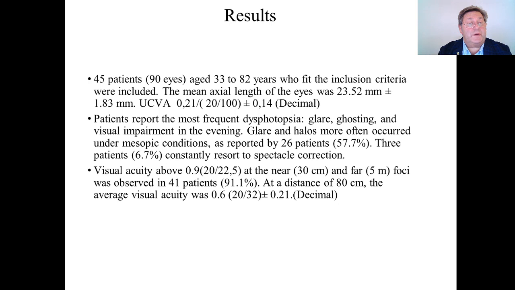Patients report the most frequent dysphotopsia, glare, halos, and visual impairment in the evening. Glare and halo more often occurred under mesopic conditions, as reported by 26 patients, 57%. 3 patients, maybe near 7%, consistently resort to spectacle correction.